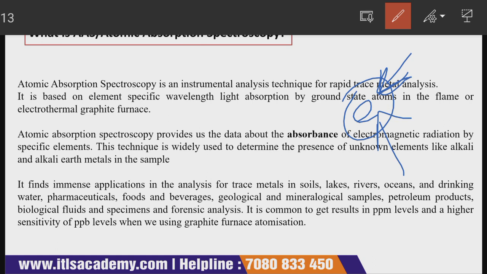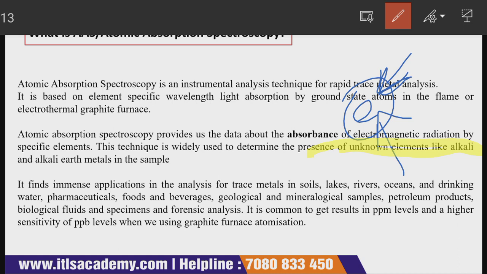The previous technique is not very useful in determining unknown elements, but atomic absorption spectroscopy is very important whenever I want to determine the presence of unknown elements, for example alkali or alkaline earth metals in the sample. So if a sample has an alkali or alkaline earth metal, this technique is very important in determining those elements.